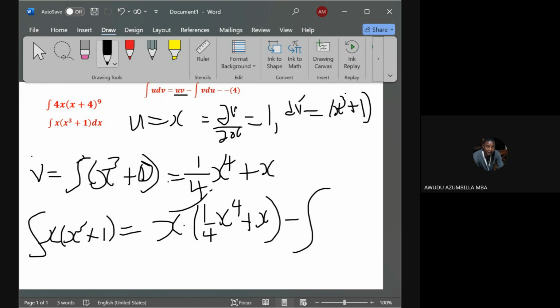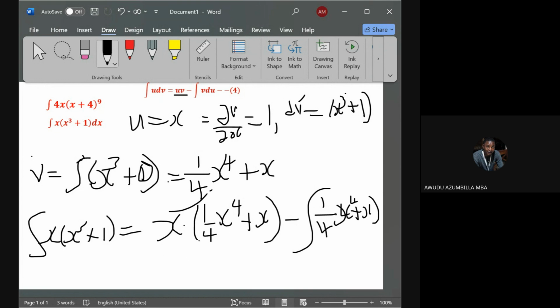So we are going to get 1 over 4 x raised to the power 4 plus x.